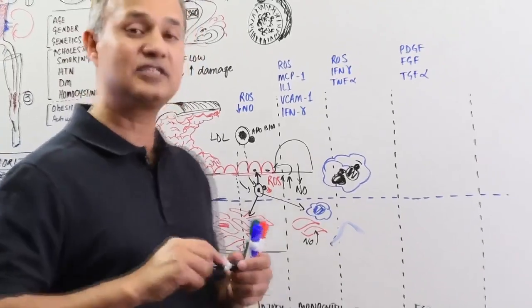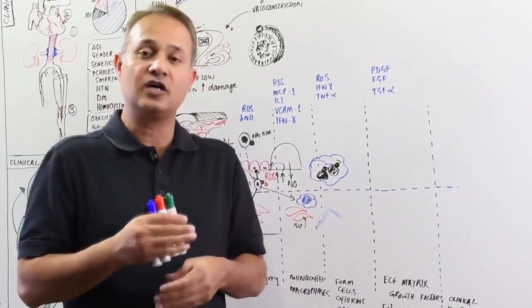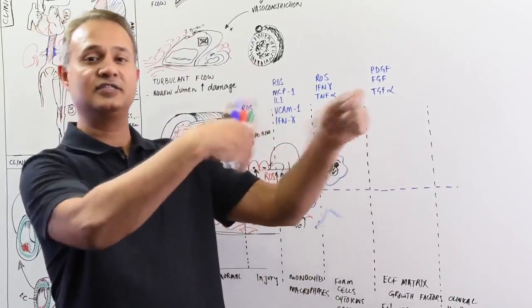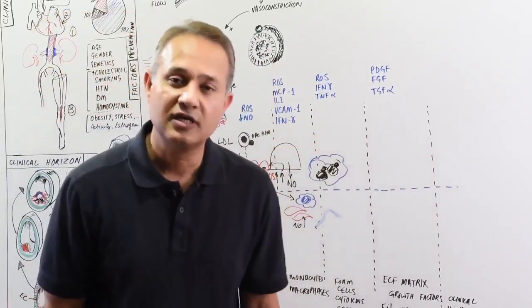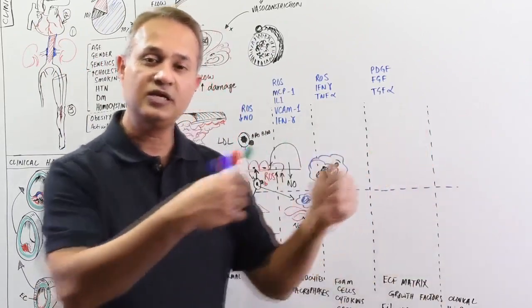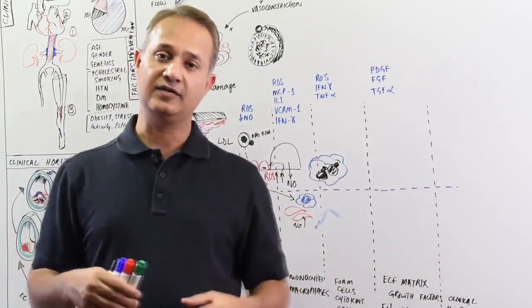LDL is not needed here. So in the presence of the LDL, the cell starts releasing cytokines. What kind of cytokines? The cell starts calling inflammatory cells to say, please come save us from this LDL.